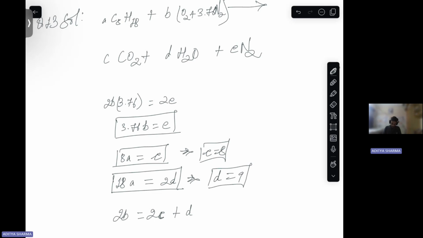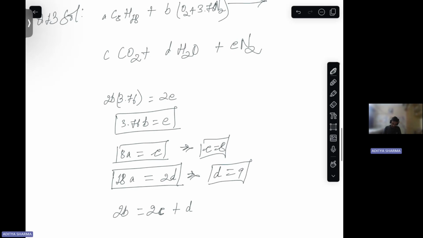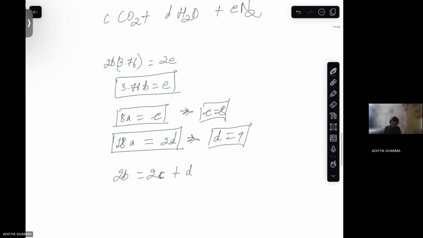C, D we have. So B we can find out. So this will become B equals C plus D by 2.